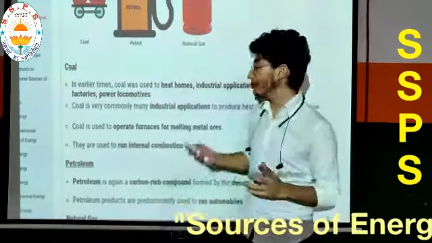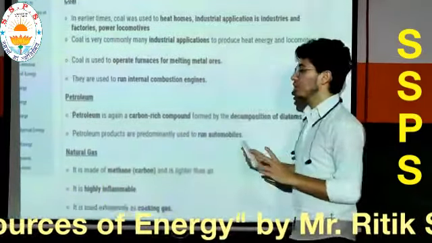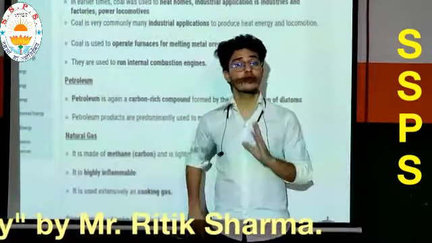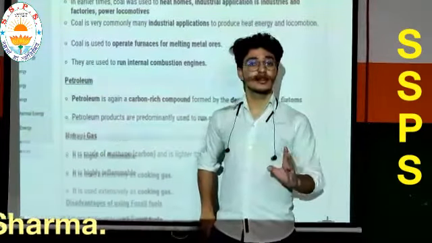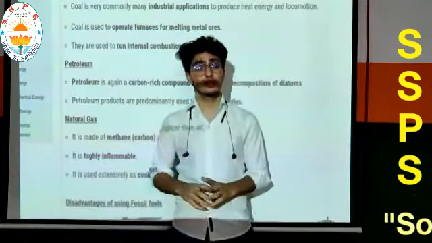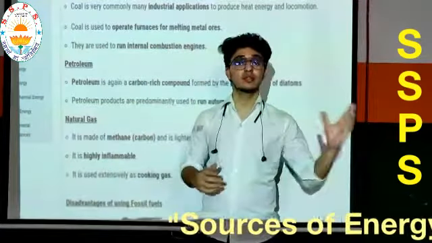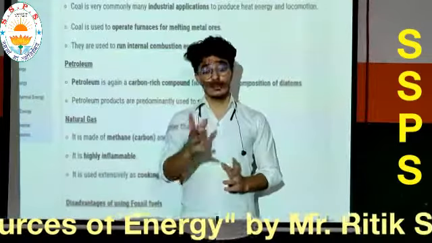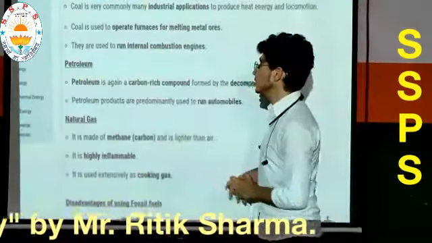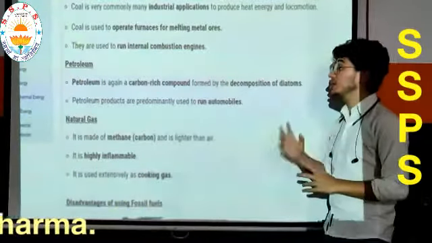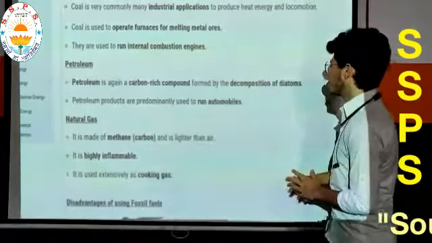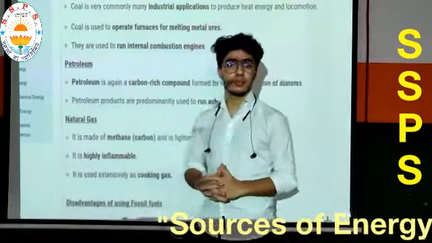So the second one was petroleum. We all know the most common use of petroleum, that is petroleum is used to run automobiles, that is petrol and diesel. So what is petroleum? Petroleum is a rich high carbon compound formed by the decomposition of diatoms.